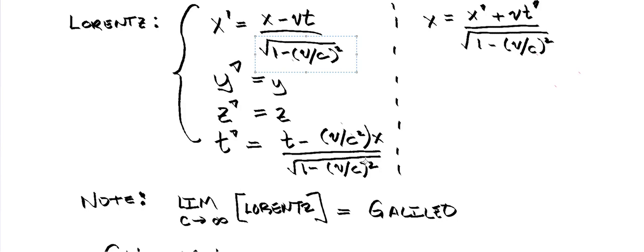But again, if you let c approach infinity, then v over c squared, for any value of v that we have explored in lab thus far, tends to 0, right? And the denominator again tends to 1, and so we get t prime is equal to t, much like Galileo would have told us.